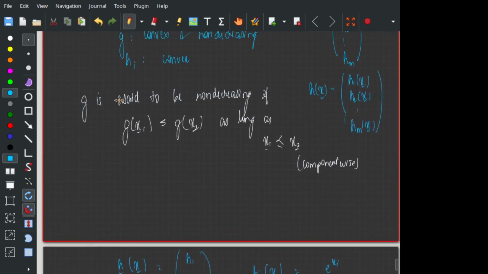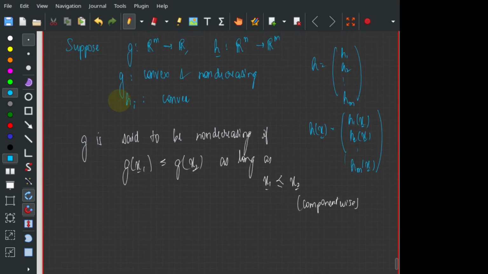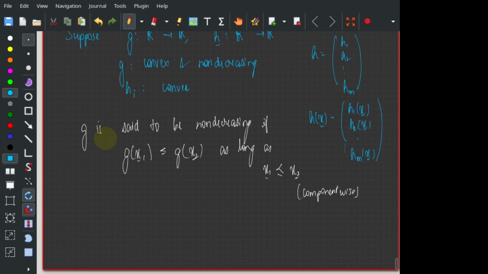But now, the claim is that if G and H satisfy these properties, then f of x equal to G of H of x is convex.